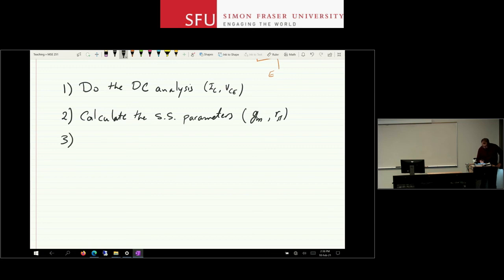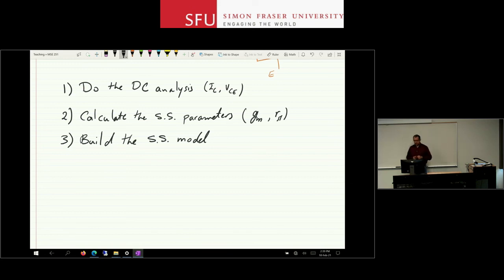Then build the small signal model. So how do you do that? Well, you're done with the DC analysis. You go and take the DC sources out of your circuit, keeping in mind that you're now going to look at the changes, right? So take the DC sources out. Again, a voltage source becomes a short circuit. You're zeroing those sources.